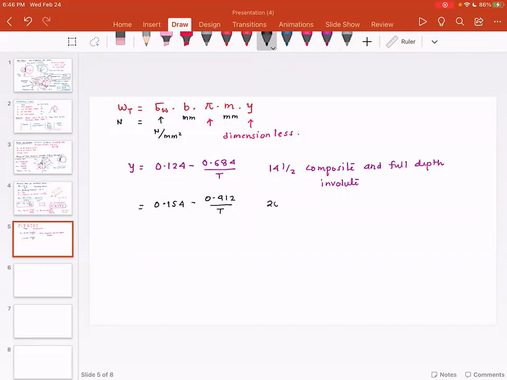This is for 20 degrees full depth involute. And the last is 0.175 minus 0.841 divided by T for 20 degrees stub gear system.